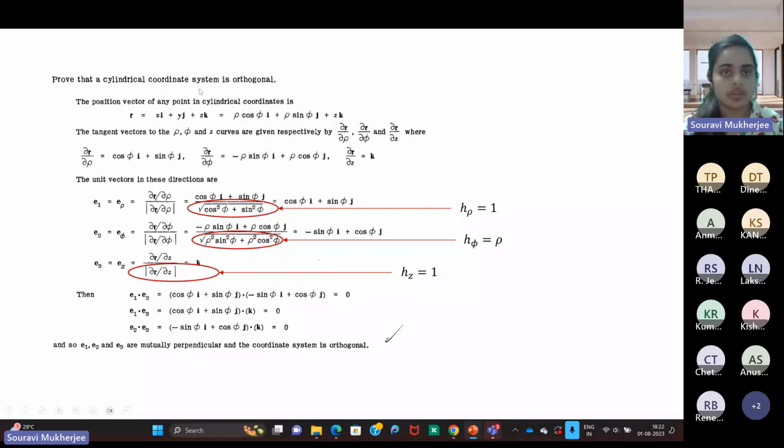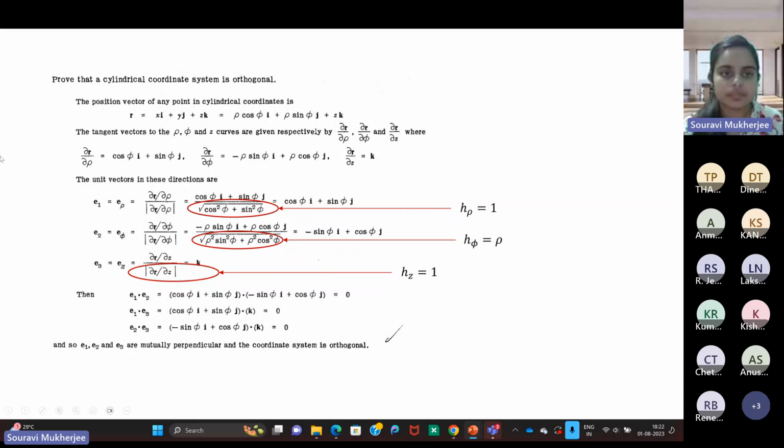So now suppose you have your cylindrical coordinate system, whatever we just discussed. Now, all curvilinear coordinate systems may not be orthogonal, right? But mostly the systems that we work with, like the cylindrical coordinate system, the spherical coordinate system, or the rectangular coordinate system, are orthogonal coordinate systems where the different planes are perpendicular to each other.